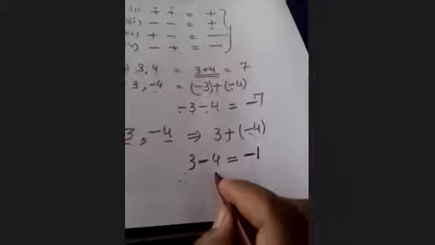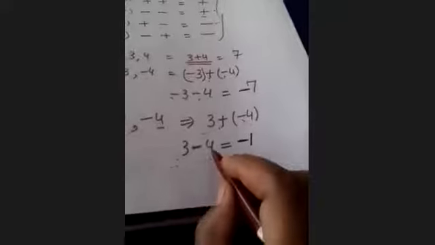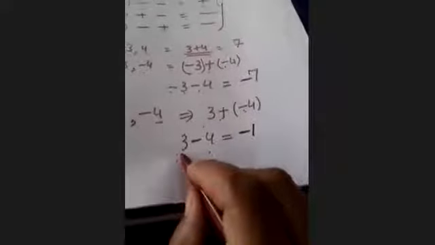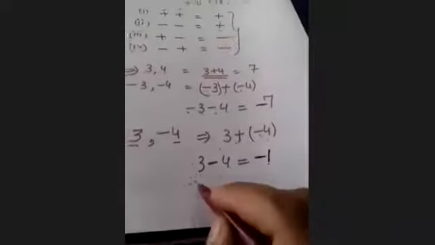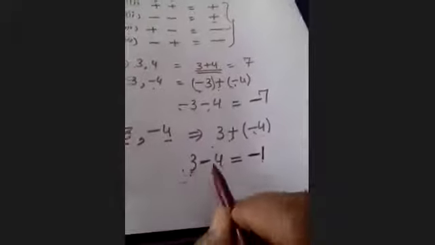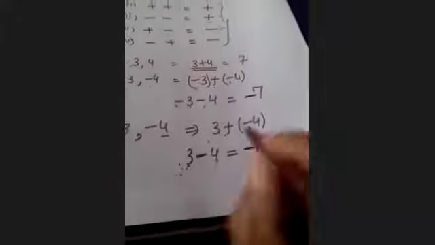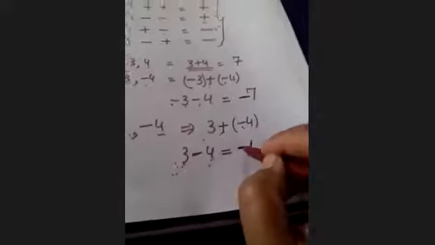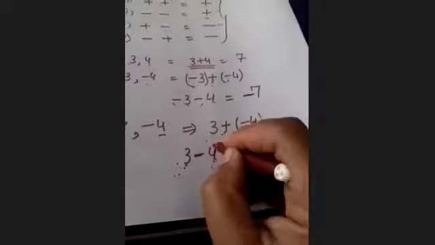When we subtract 4 from 3, the result is 1, but is 1 positive or negative? You can consider that 3 is positive and 4 is negative. So in the answer, the sign is always with the greater number, so minus 4, the result is minus 1.